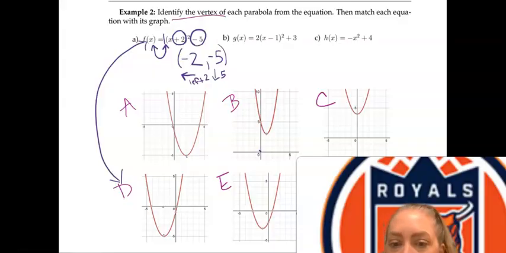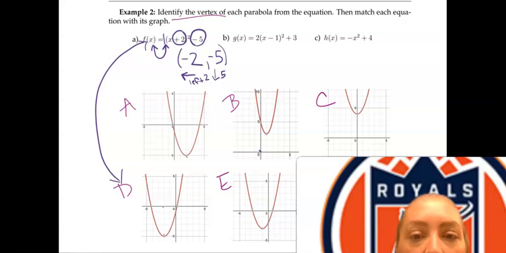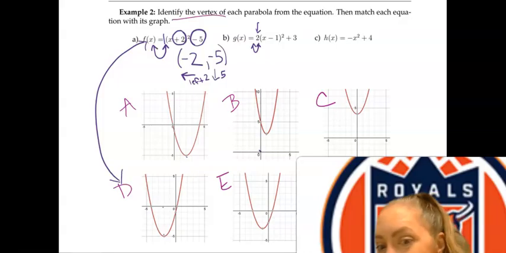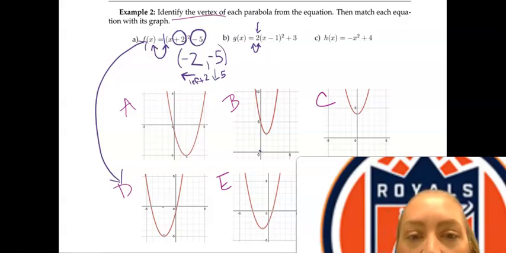Okay? All right, let's look at the second equation. So this one, we know A is 2, which is positive, and so our graph opens up. So once again, we're not looking at F, and we're not looking at D. Okay, so we've got A, B, C, or E. So let's find our vertex.